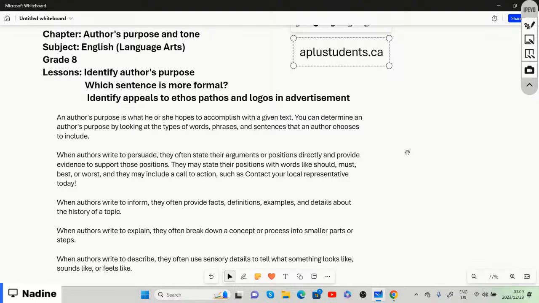So when authors write to persuade, they often state their arguments or their positions directly, and they provide evidence to support these positions.